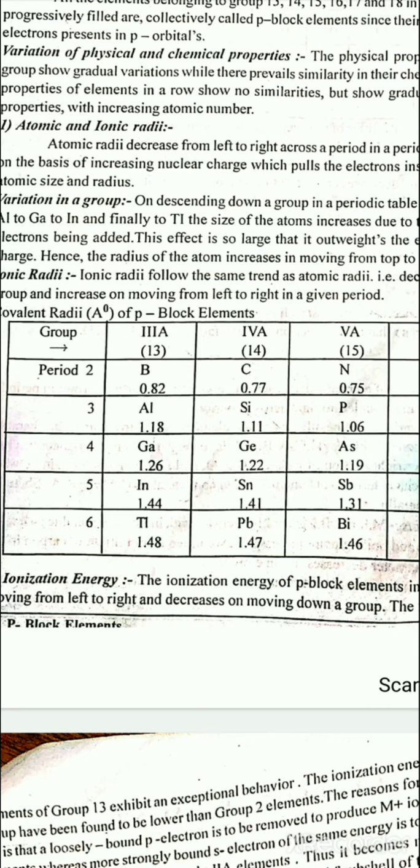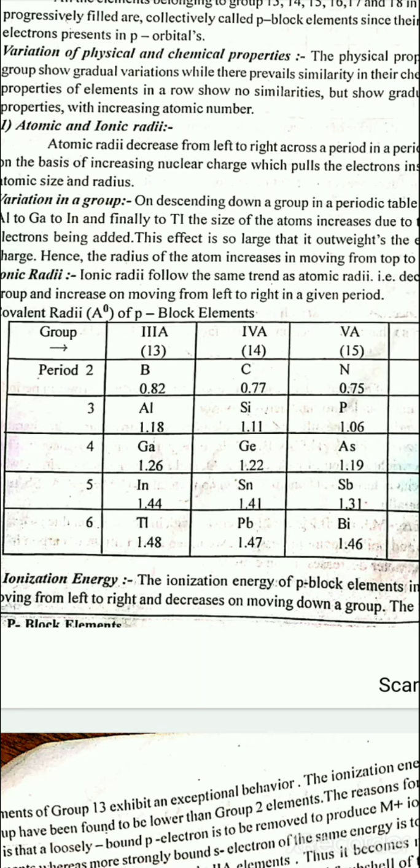Nitrogen is 1s2, 2s2, 2p3, meaning nitrogen has 3 electrons in the p orbital. Concentrate on the electronic configuration. Boron has 1 electron in its outermost orbit, carbon has 2 and nitrogen has 3.